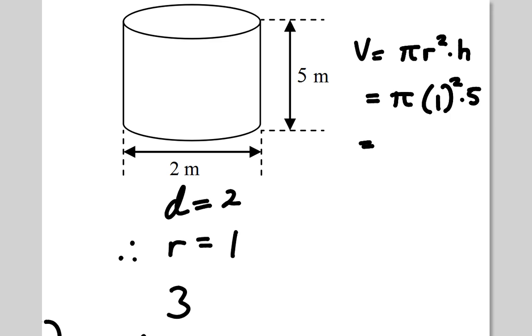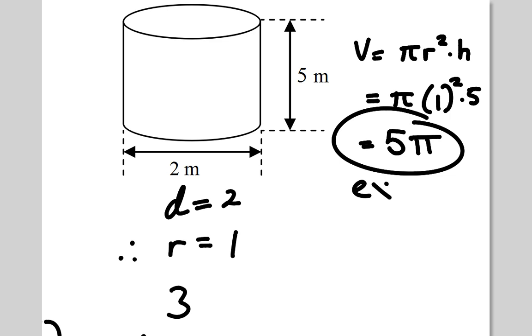So before I just give you the approximation, which is the decimal, you can actually give an exact value. What's 1 squared? 1 times 5? 5. So the exact value is 5 pi. This is called exact.